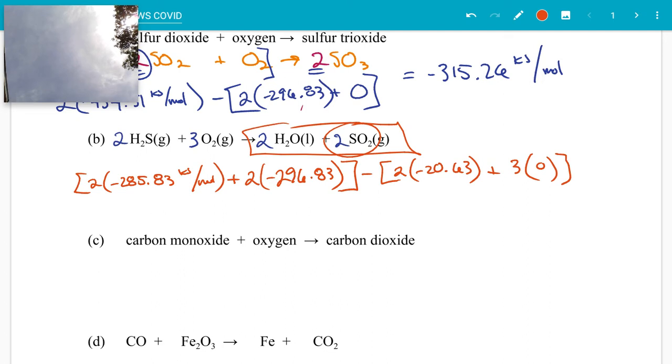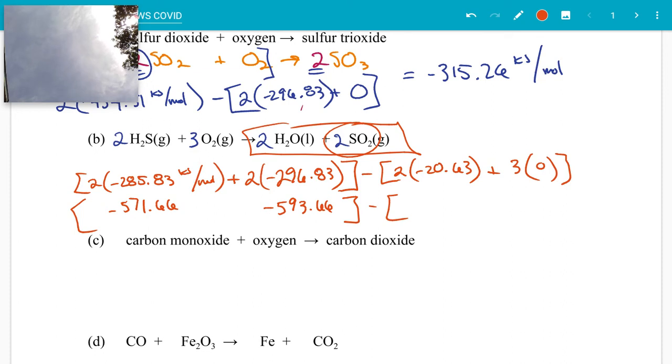So if I were going to write this out quickly for you, I'll just do it really fast so that you can see it. It'd be a minus 571.66 here and a minus 593.66 there. So you're going to add those two together. And then from that, you're going to subtract the 2 times minus 20.63. So 20.63 times 2.